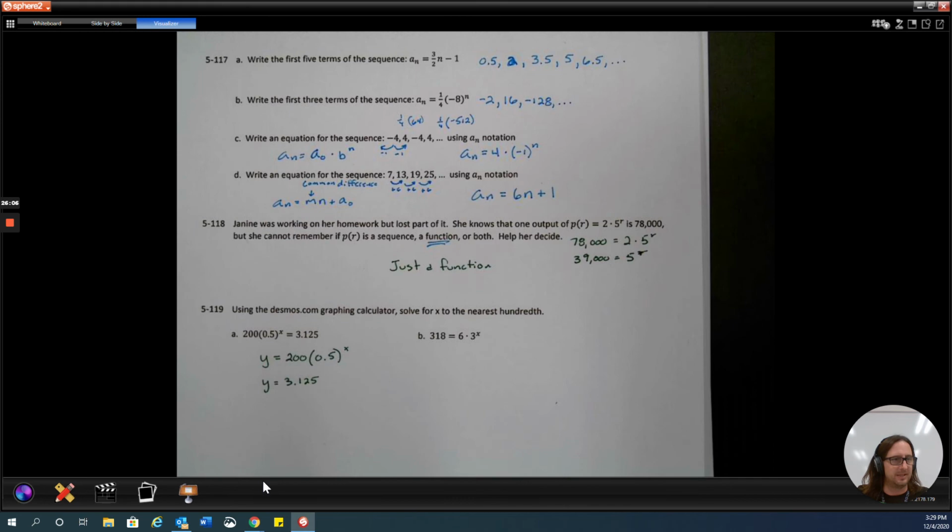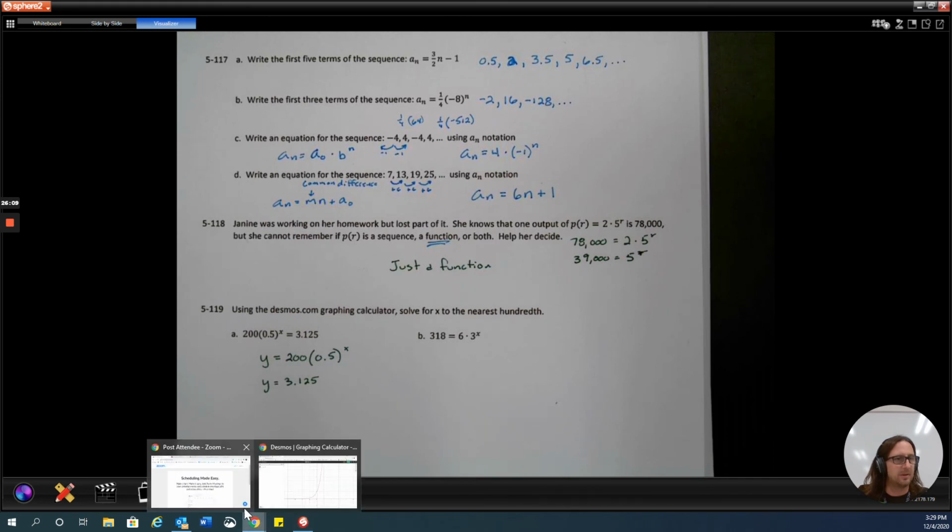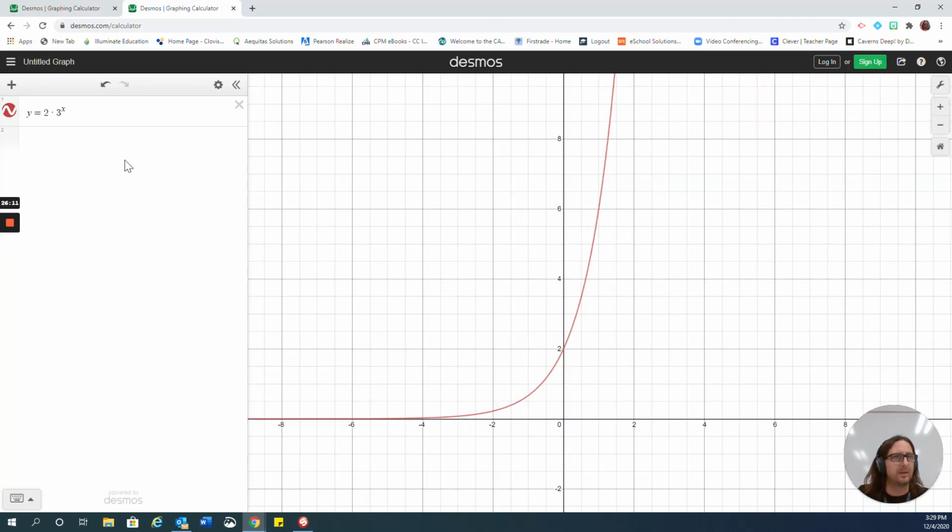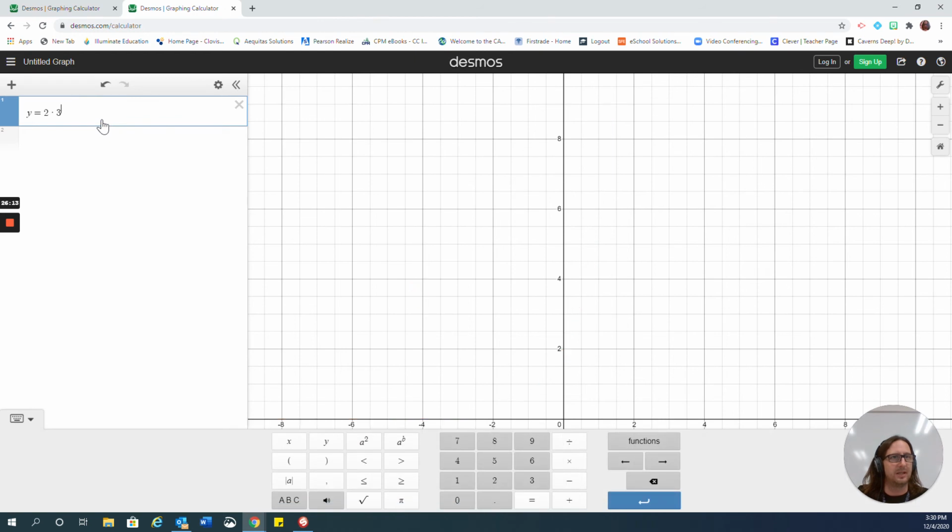Okay, so let's pull up the Desmos. I think it's this one. All right, so let's go ahead and get rid of this. So we said y equals 200 times 3 to the x power. So 3, and then I do a to the b, 3. Why did it do that?